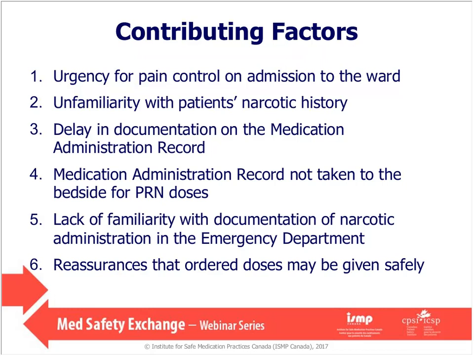A lack of familiarity with documentation of narcotic administration in the emergency department, with multiple places being used, created confusion for care providers as they were uncertain of previous dose administration, and reassurances that ordered doses could be given safely.